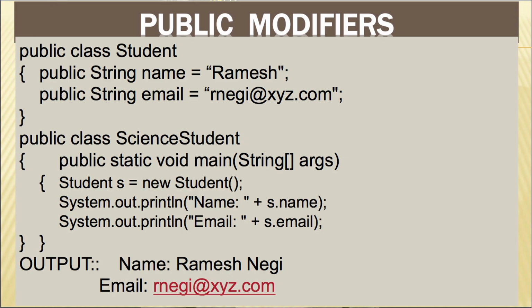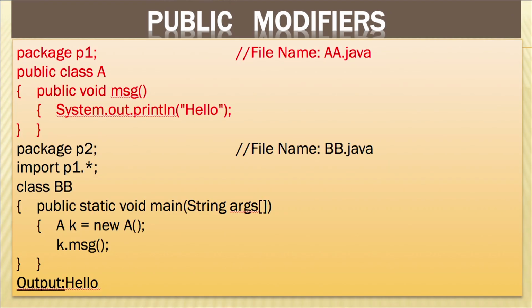And this is another example of the public modifier where we have two packages: p1 with public class A as the first class, and public class BB as the second class, which is inside package p2. Inside the p1 package we have class A, and inside class A we have a message method. In package p2 the first statement is import p1.*, as we are using this second file.